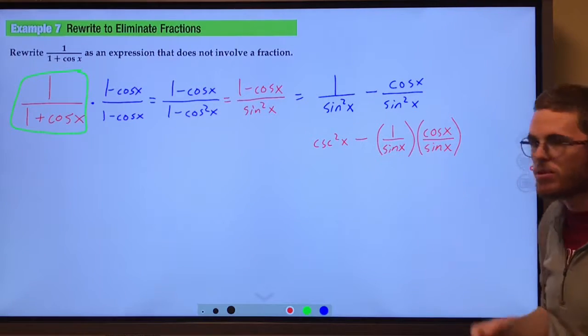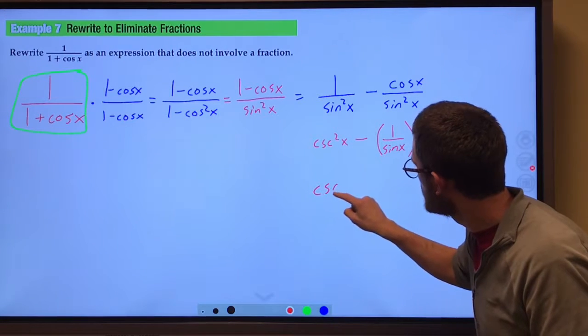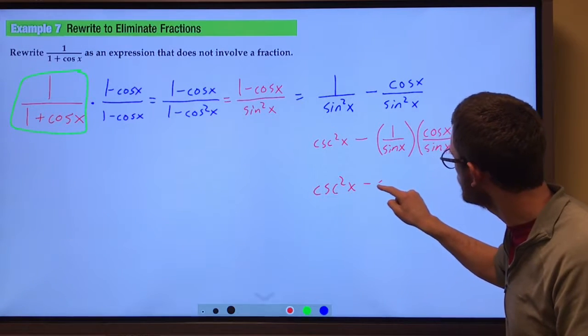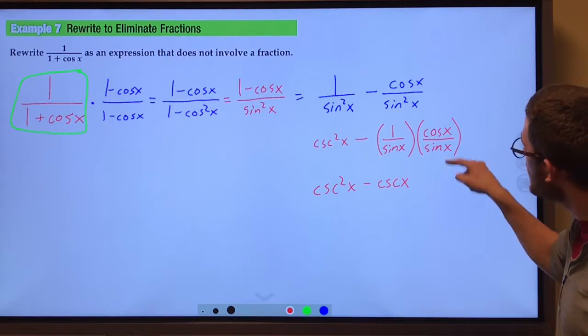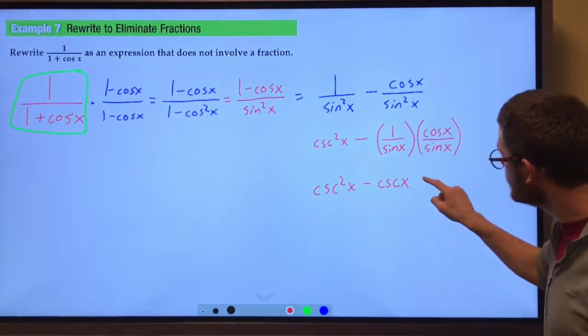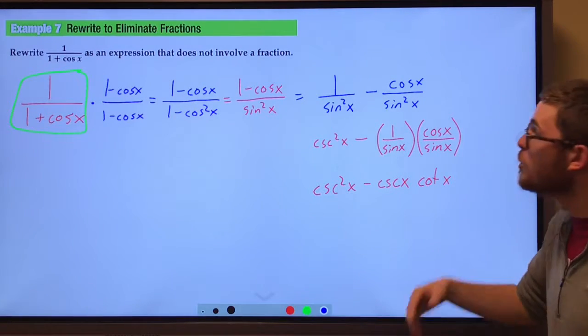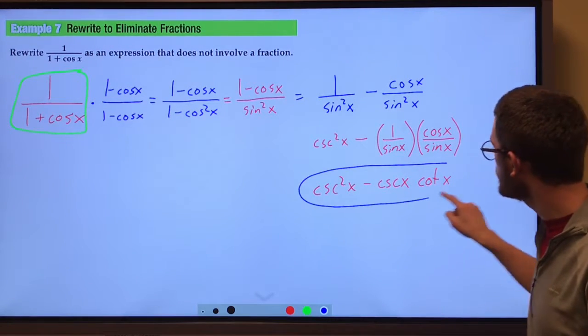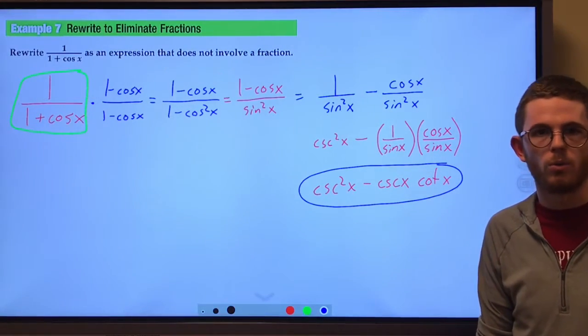If I break it up to be the product of those two things, I know 1 over sine of x is cosecant. So I have another cosecant there. And cosine of x over sine of x is cotangent. And so those are multiplying together. We have made this an expression that does not involve a fraction. And that was our goal. So here we are.